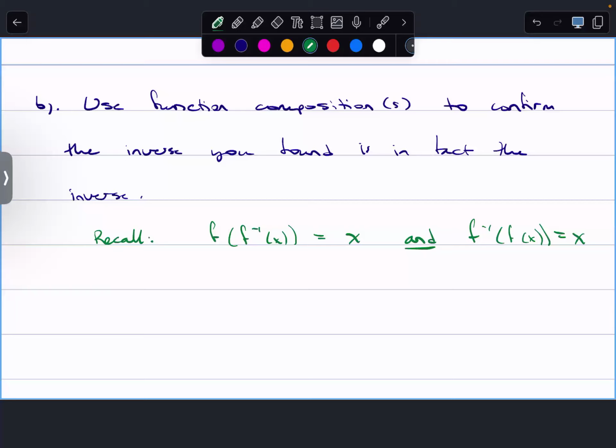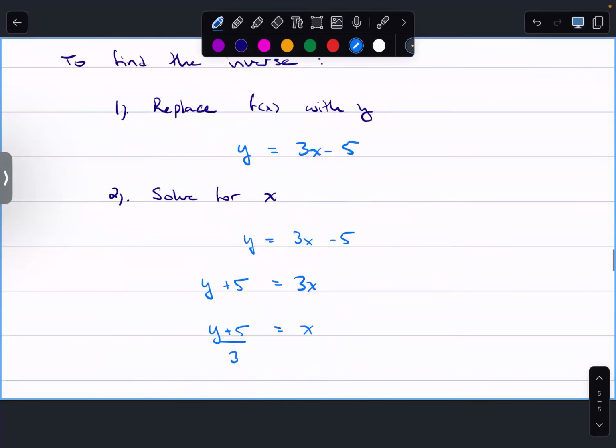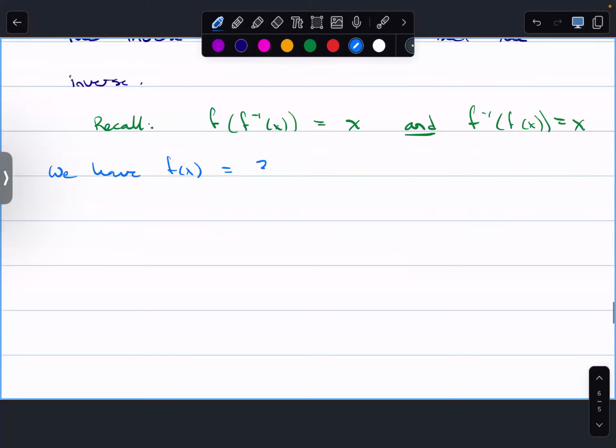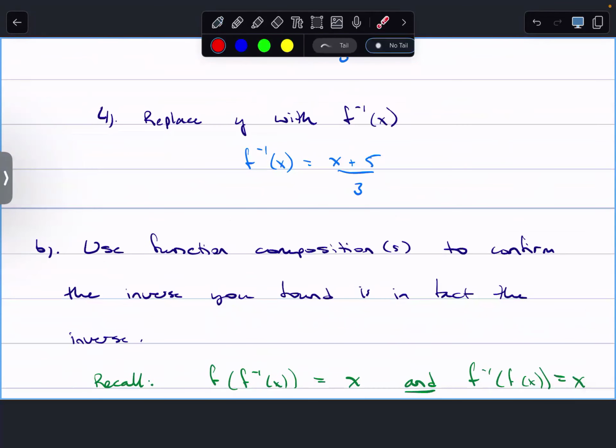So in our case, all right, we have f of x was, I'm gonna have to scroll back up here, 3x minus 5. And we found f inverse of x. And that's the reason we want to switch these so we don't have competing variables, is x plus 5 over 3.